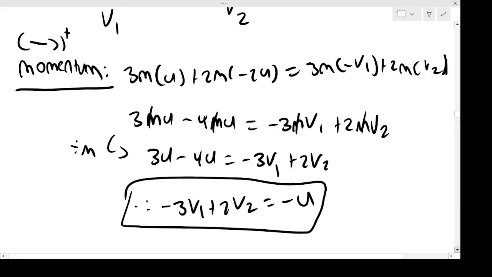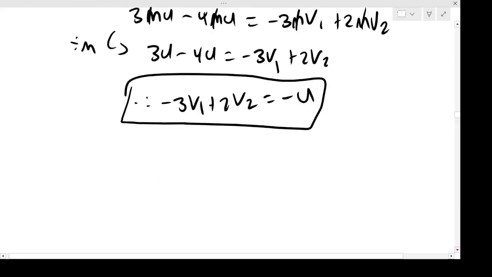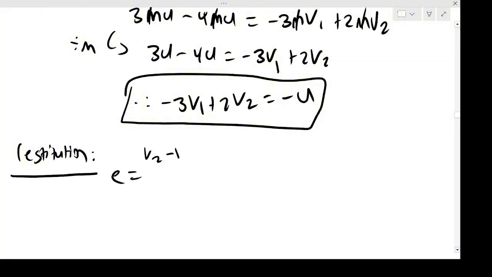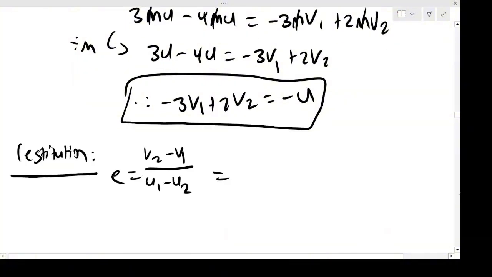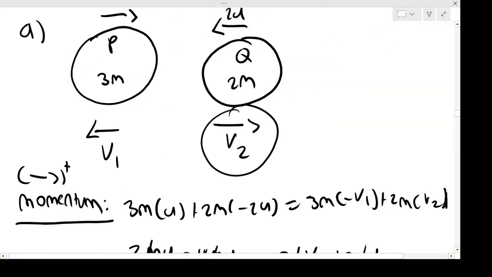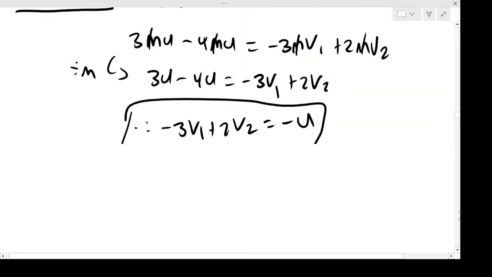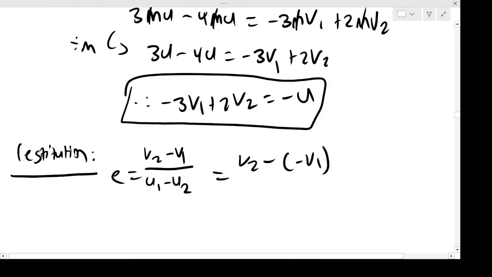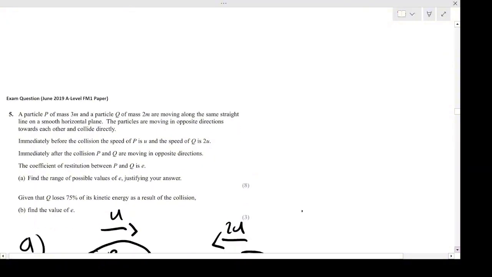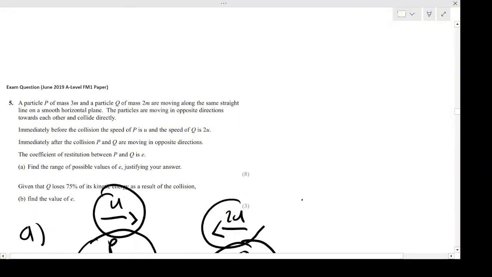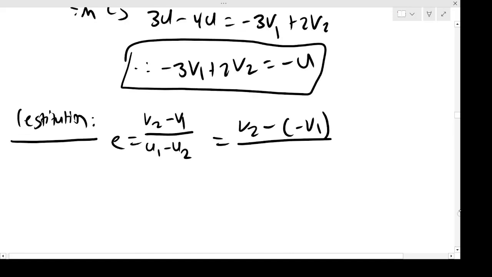And so there we are. That's my first equation. Then if I consider restitution, that's going to be E. Again, the standard formula is V2 take away V1 over U1 take away U2. So that's going to be V2 here, take away V1. Again, that's going in the negative direction, so it's minus V1. And then U1 is going to be U, and then U2 is going to be minus 2U, because again, that's negative.